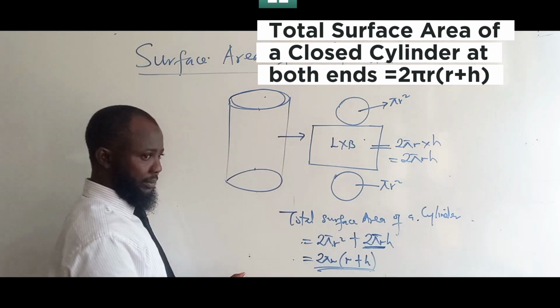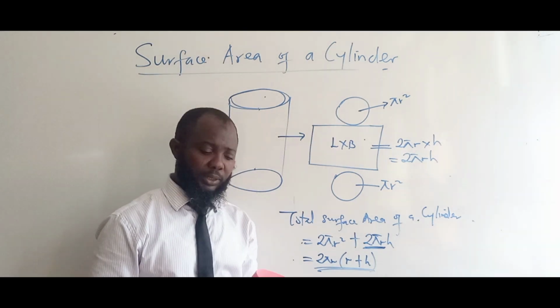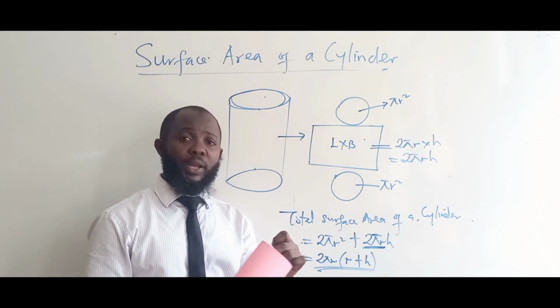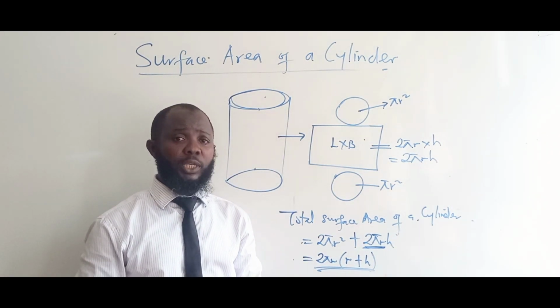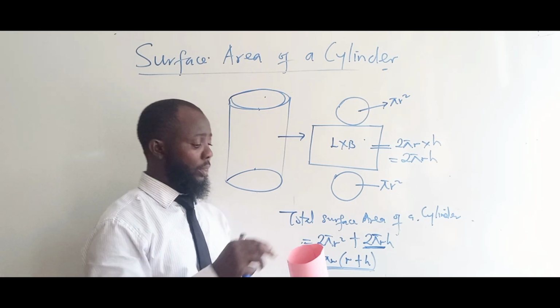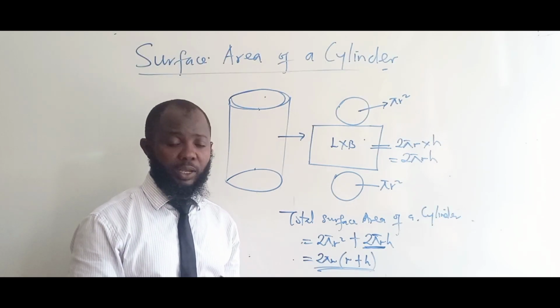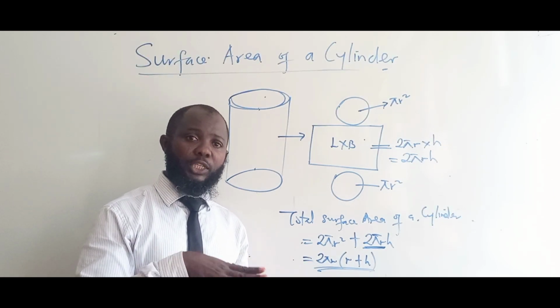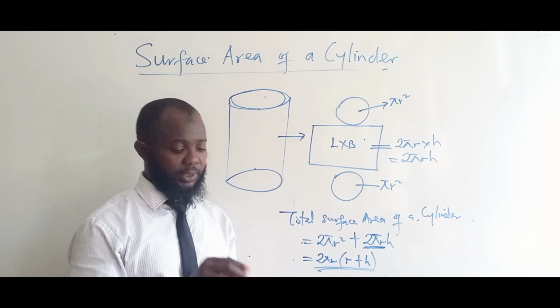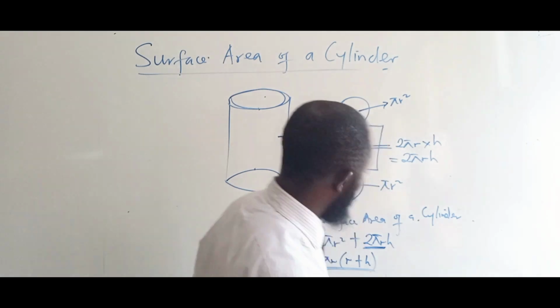But if one end is open, if you open the upper part of your tin of Milo and you misplace the cover, the top will be open. In that case, the total surface area of that tin of Milo will not be this.